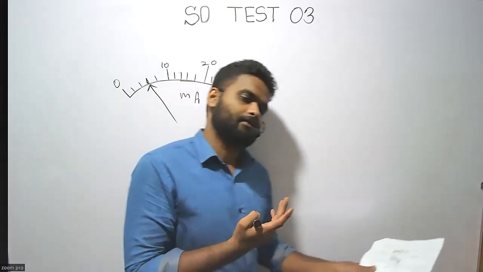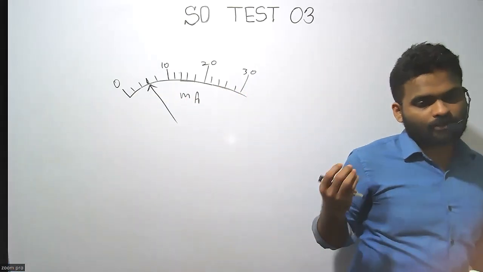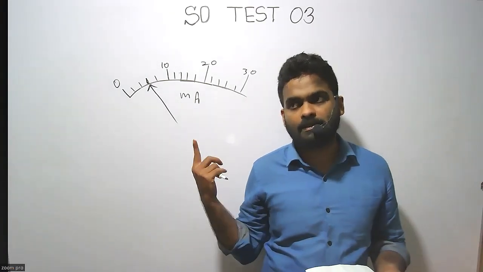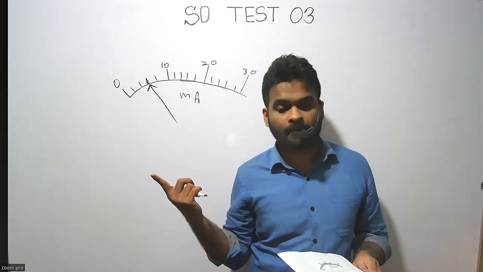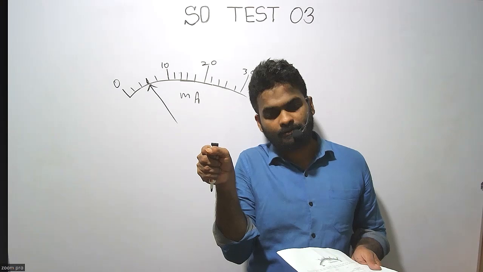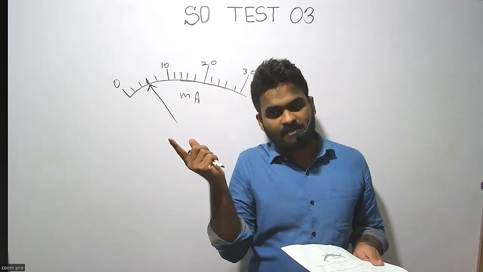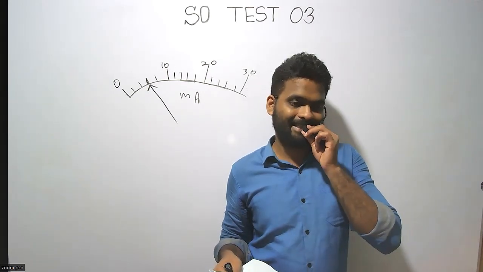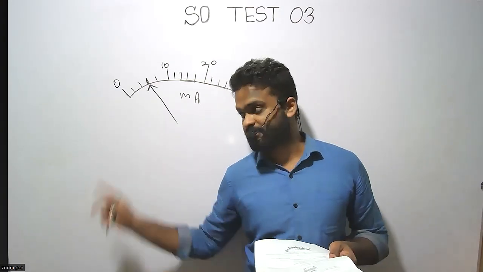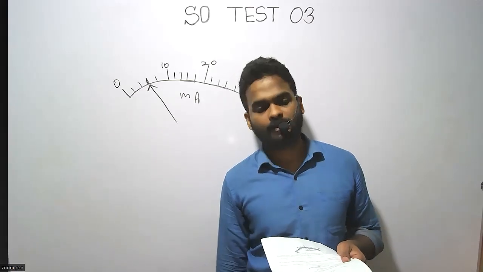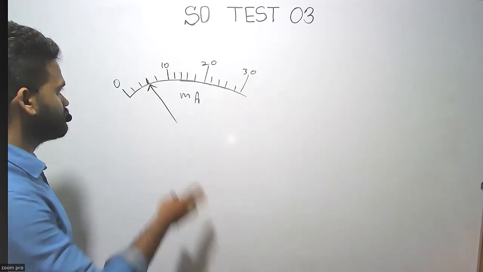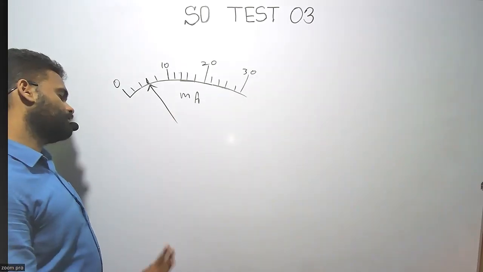There's no measurement, but it shows a reading, like in vernier calipers when the jaws are close together and it shows a reading. That's an error, and we call that zero error. So here also, it shows a reading without an actual physical quantity. So it is zero error.